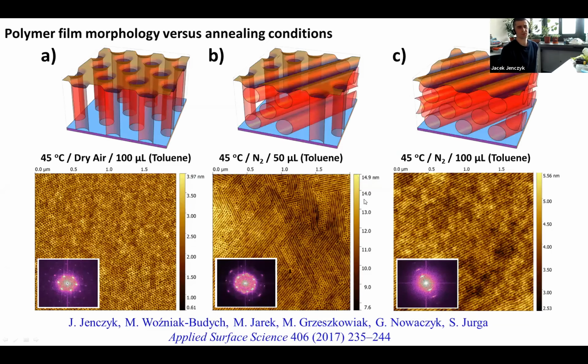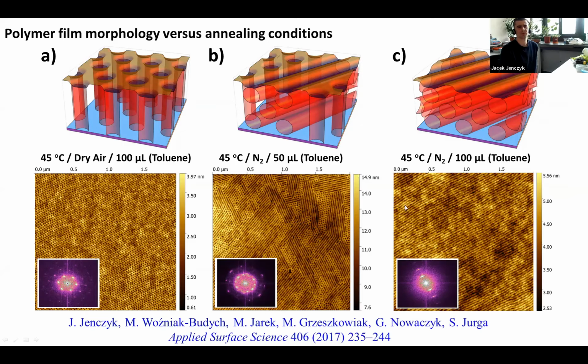So this is a very nice example where initially we annealed our thin films under slightly different conditions, and later on we changed the atmosphere, changed the gas, and we found out that we can, to some extent, control the orientation of our domains.